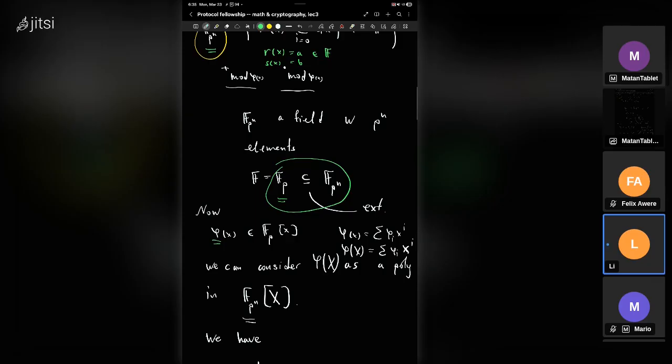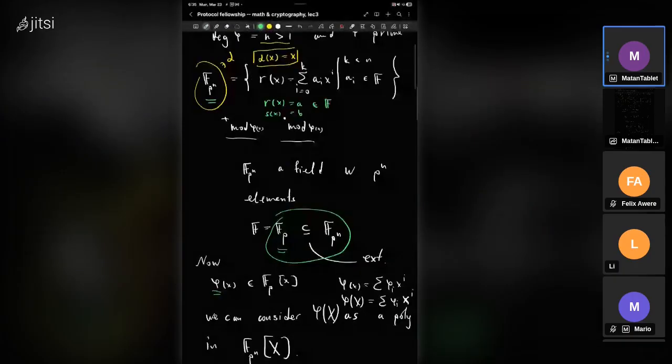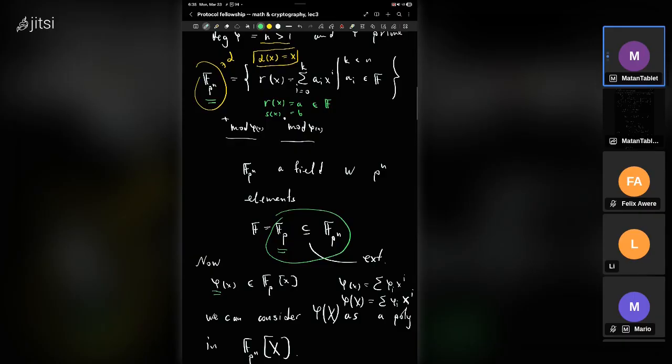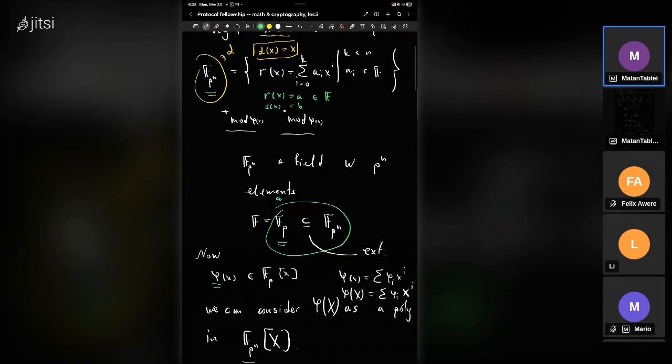I mean, phi should be a polynomial, right? Because Fp is embedded into Fp to the n as constant polynomials. You take a in Fp, you can consider it as the polynomial r(x) equals a. It's a legitimate polynomial.